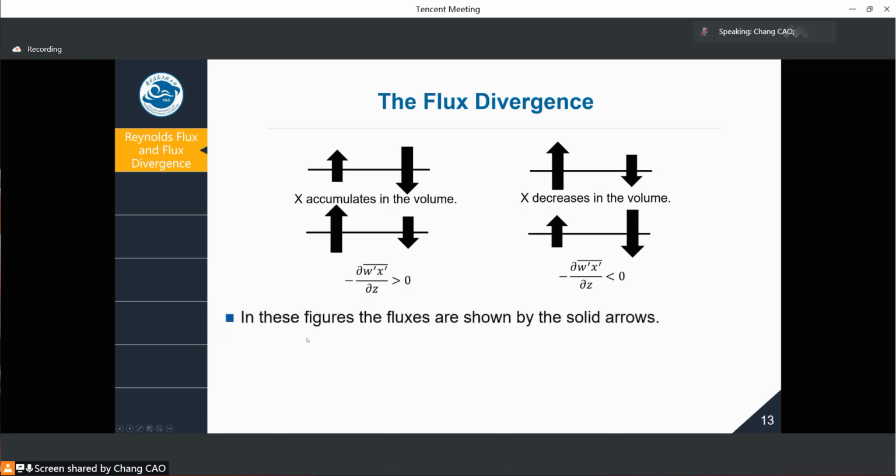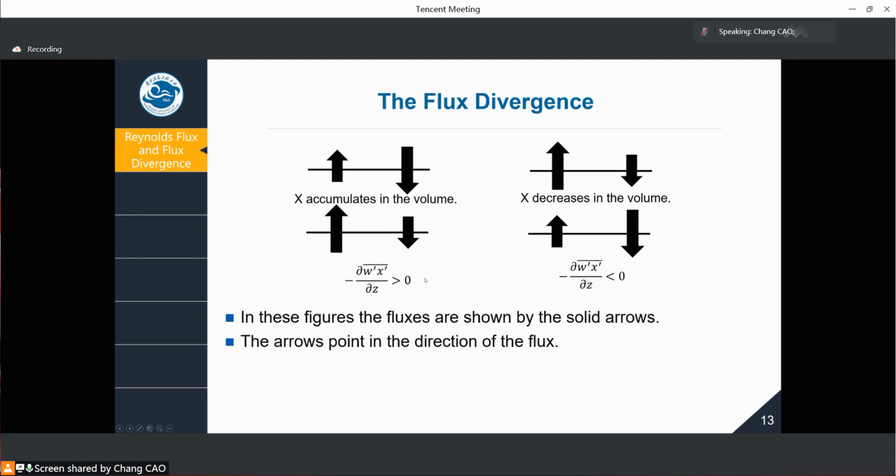Firstly, in these figures, the fluxes are shown by the solid arrows. So these solid arrows mean fluxes, meaning the average of w prime and x prime. The arrows point in the direction of flux, which means that this arrow shows the flux is going upwards, and this arrow means the flux is downward.